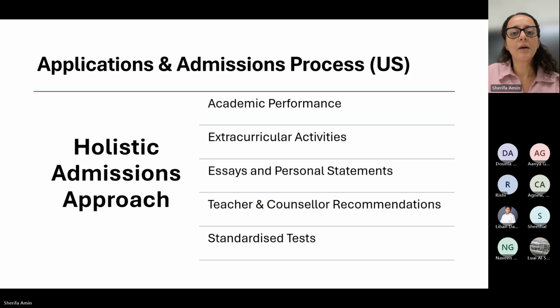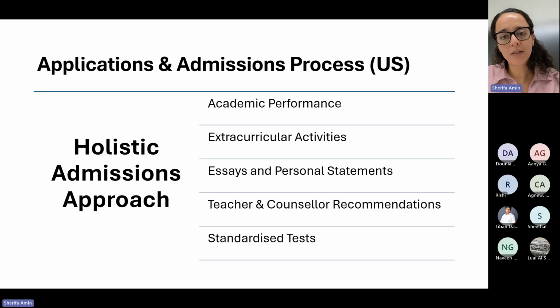So getting into a little bit deeper on that, what do they look for? They do look at grades. It's not that they eliminate them completely, and the very competitive universities will ask for a minimum grade as well. So they do look at A levels, at GCSEs.